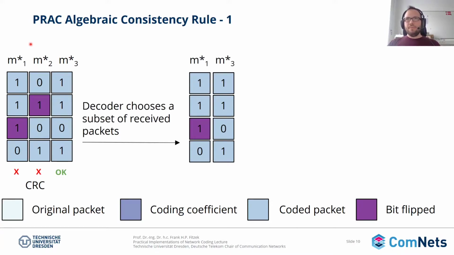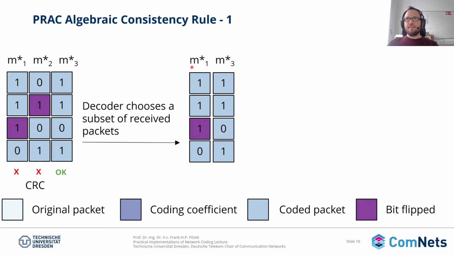The first step in PRAC for the algebraic consistency rule is to select a subset of the received packets equal to G, the generation, taking as many correct packets as possible.